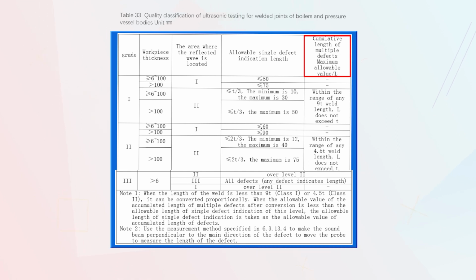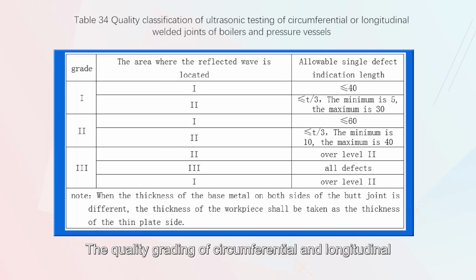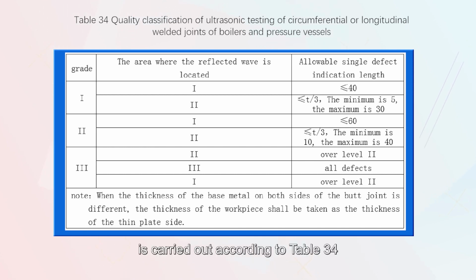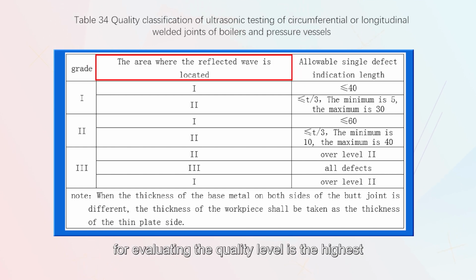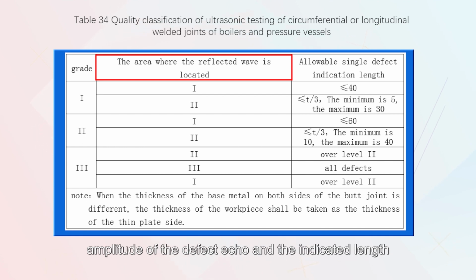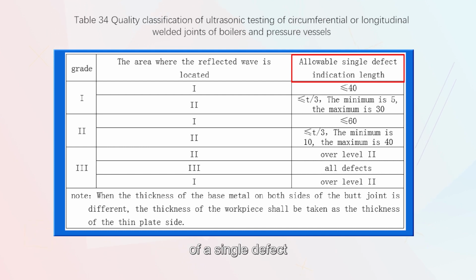The quality grading of circumferential and longitudinal welded joints of boiler and pressure vessel pipes is carried out according to Table 34 respectively. It can be seen from the table that the basis for evaluating the quality level is the highest amplitude of the defect echo and the indicated length of a single defect.